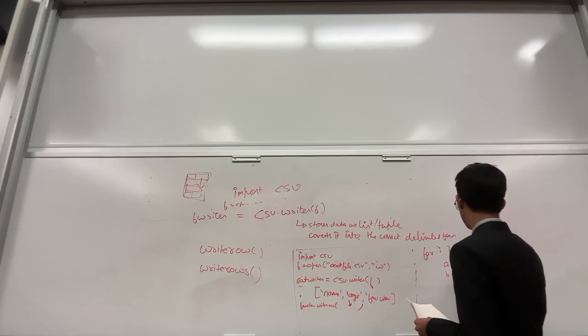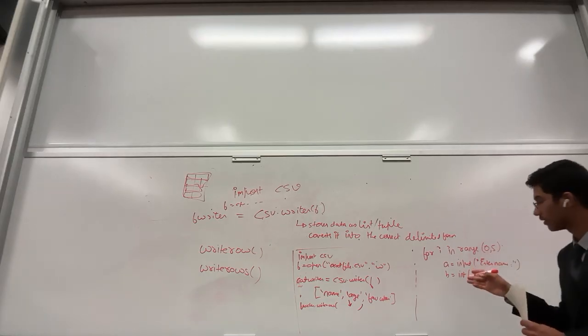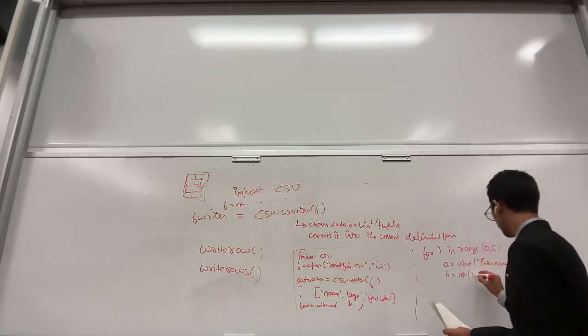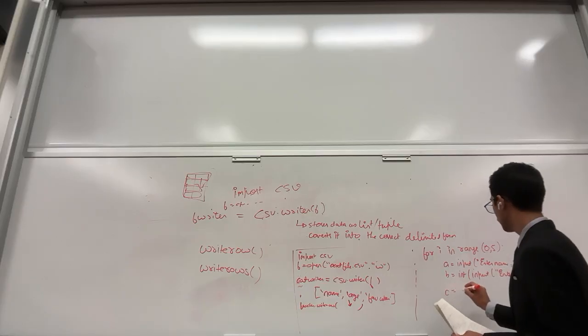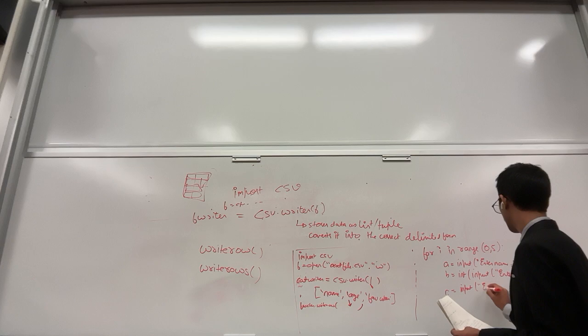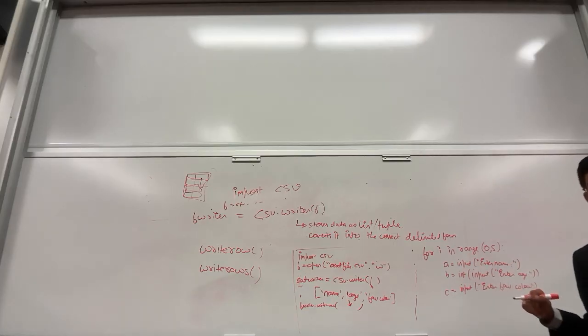Then B is equal to explicit conversion from string type to integer, so int of input, enter age. C is equal to input, enter favorite color. Okay, so now I have taken the values from the user.